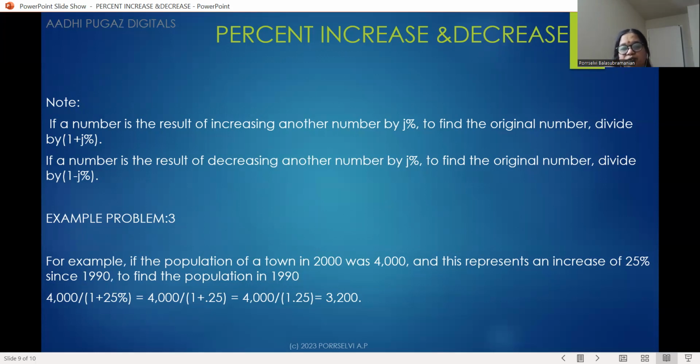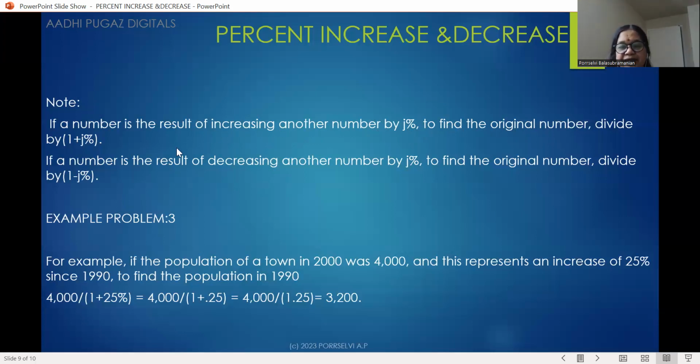So we need to calculate the original amount to find the population in 1990. We know in 2000 how much it was, and we need to calculate how much it was 10 years back. For this kind of situation, we need to use this formula. If a number is the result of increasing another number by some percentage j, to find the original number, divide by 1 plus j percentage.